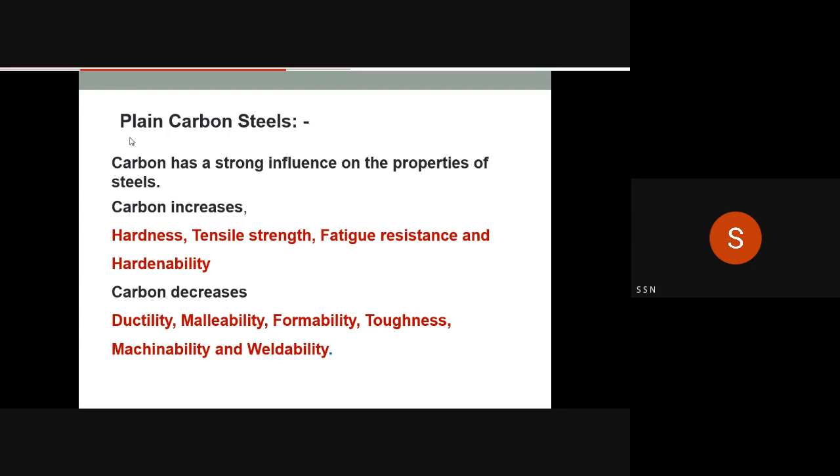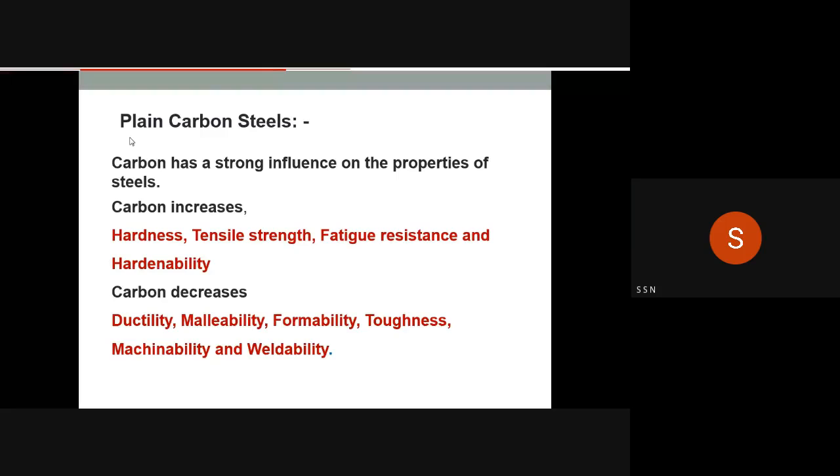What is the difference between ductility and malleability? Ductility is the ability of a material to be formed into wire. Malleability is the ability to be converted into thin sheet. These two properties reduce as the carbon percentage increases.